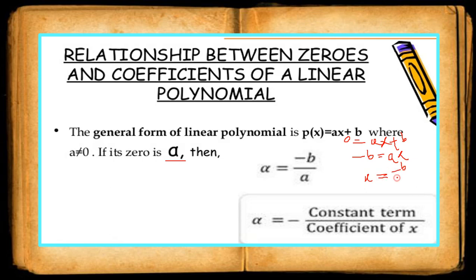Here minus b upon a is the value of x by putting which we get the polynomial as 0. This x we are defining by alpha. So we can say alpha is equal to minus b upon a.